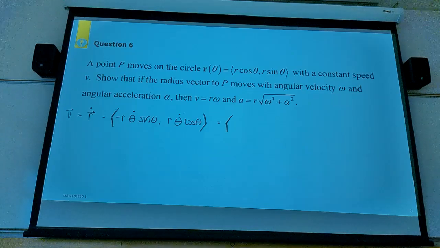Right, that's change in angular position with respect to time, which would be angular velocity, wouldn't it? There's our velocity vector.